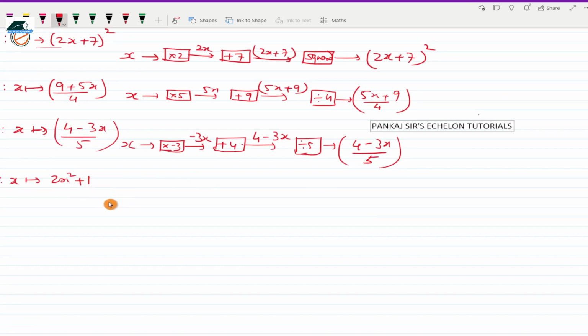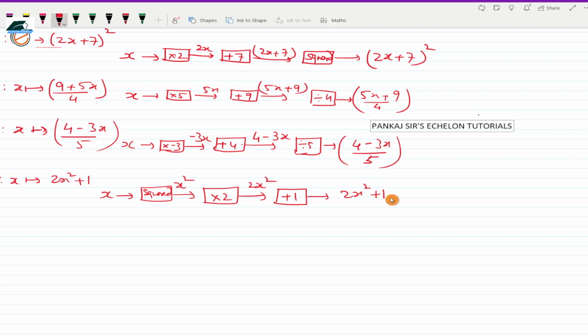So starting with the x, the first thing that is happening to x is it is getting squared. So you are getting x squared. Second, whatever you got in the first part is getting multiplied by 2, and that is how we are getting 2x squared. Then this 2x squared is being added to 1. So ultimately you are getting 2x squared plus 1.